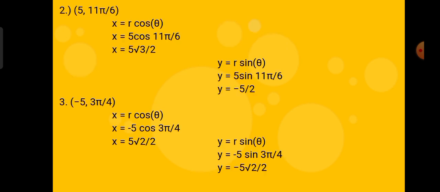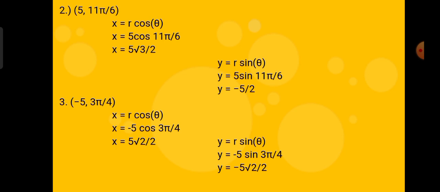So in example number 2, we have 5 and 11 pi over 6. Then therefore we came up with the answer that our x coordinate is 5 square root of 3 over 2.